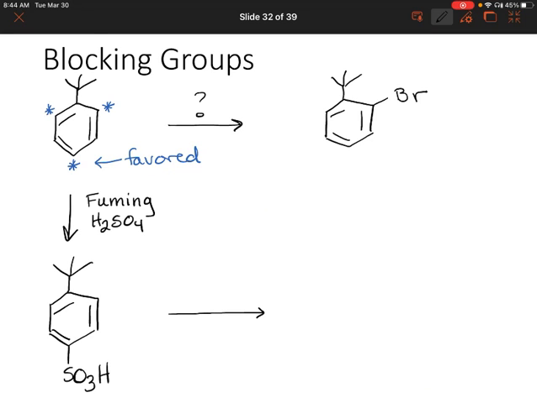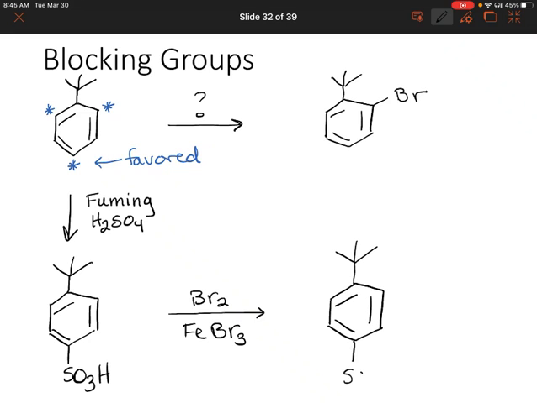All right, and then we can add our bromine. So now the only available positions are the ortho positions. And it doesn't really matter which side bromine is on because we can flip it like a pancake.